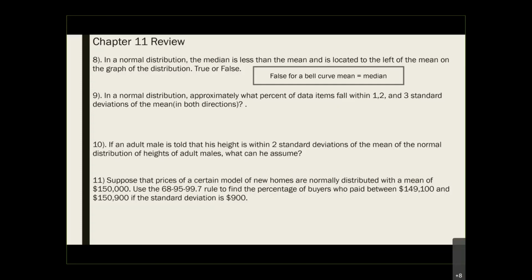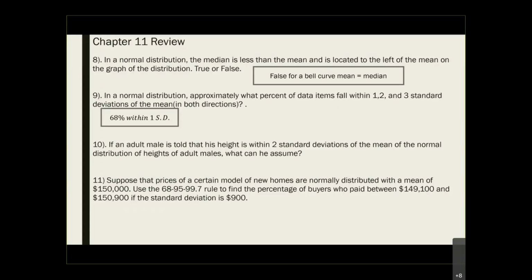In a normal distribution, approximately what percent of the data falls within 1, 2, or 3 standard deviations of the mean in both directions? Remember, this is your empirical rule: you step one step up and one step down, one step to the left, one step to the right. The empirical rule is 68, 95, and 99.7.